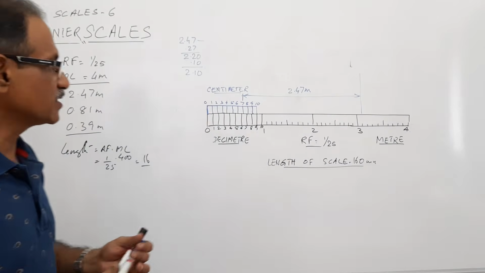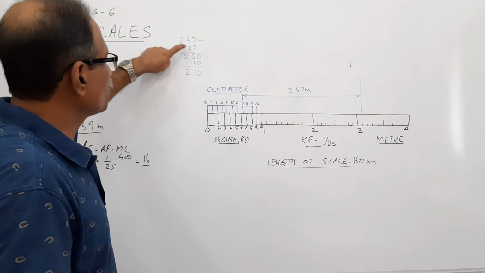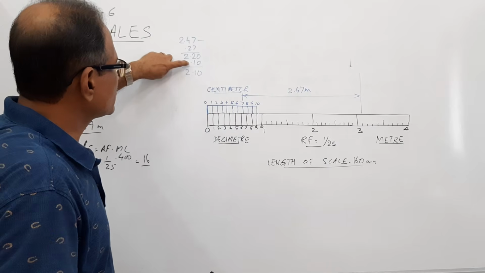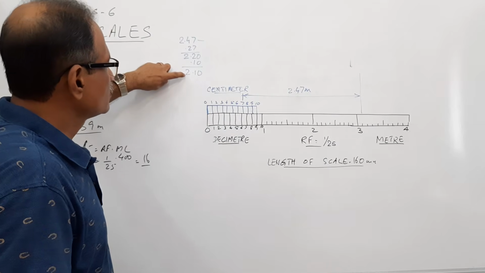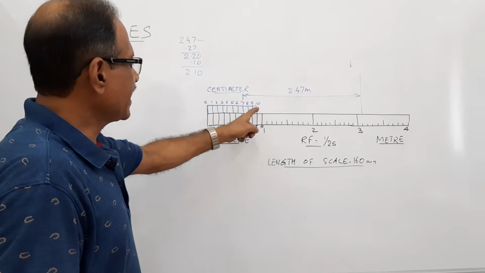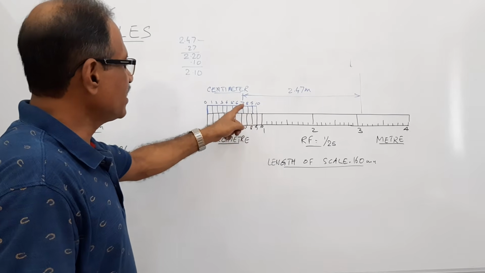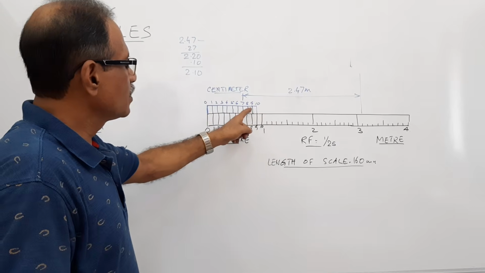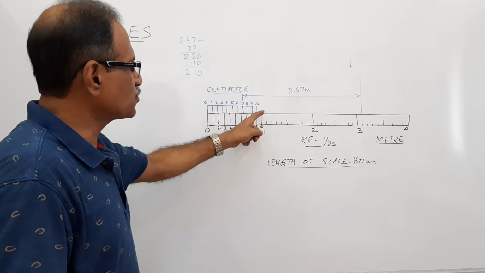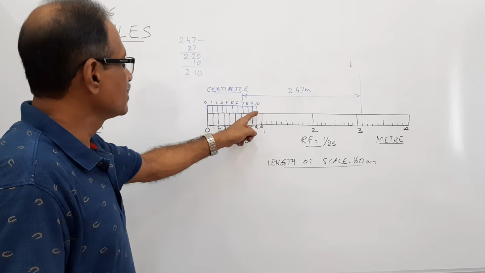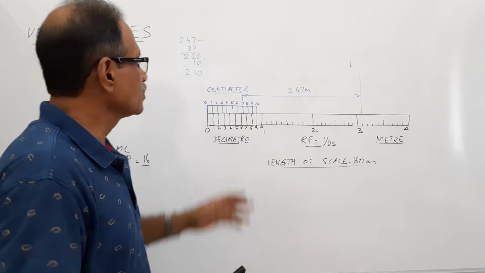I hope you understand. 2.47 is equal to 0.27 plus 0.1 plus 2.1. So 9 into 3, 27, plus 0.1, 0.37, plus 2.1, 2.47.